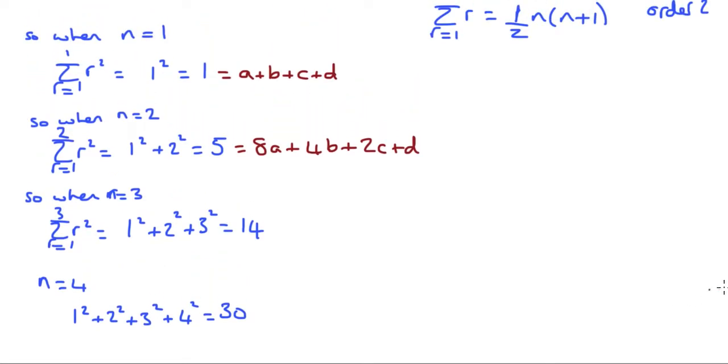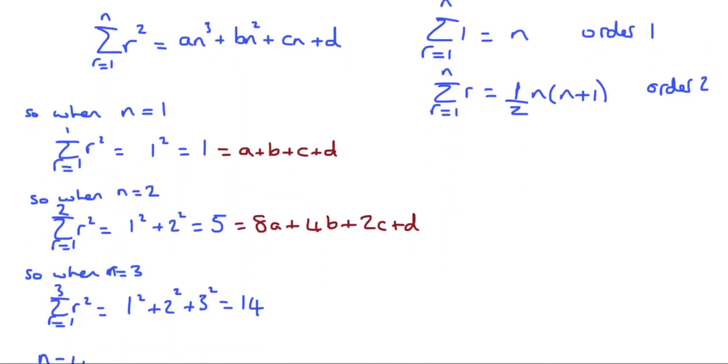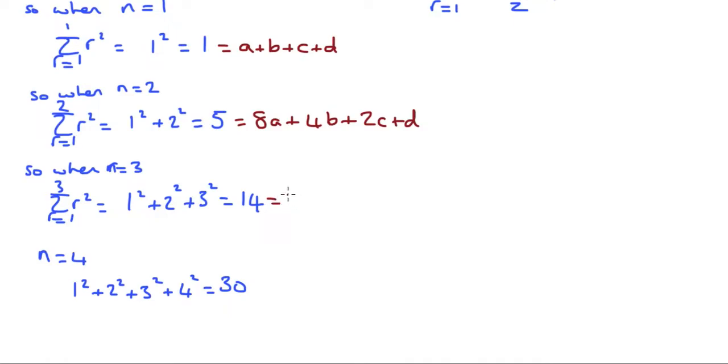When n is 3, we have 3 cubed, which is 27, so 27a, 3 squared, which is 9, so 9b, and 3c and d. And when n is 4, we have 64a plus 16b plus 4c plus d.